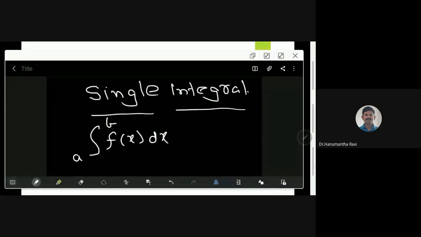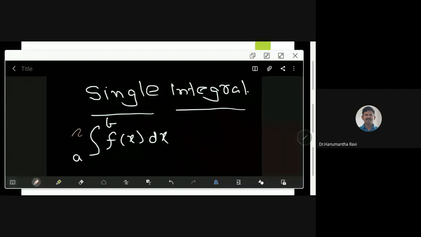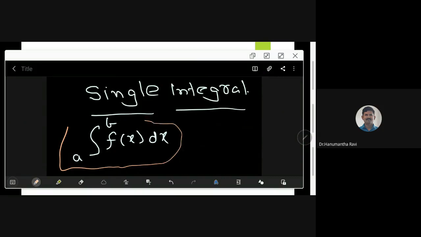What we mean by evaluation of the integral here is finding its value.